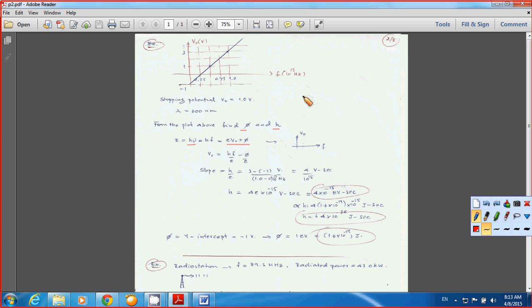When you have the relation between V0 and the frequency here, you need to rearrange the equation to make V0 the y-axis and F your x-axis. So when you rearrange the equation, it looks like this one here. This simply becomes y, right? And your F simply becomes x. So you know obviously that this is y equal to mx plus c, and your slope becomes h over e. Right? When you already know the e, right?